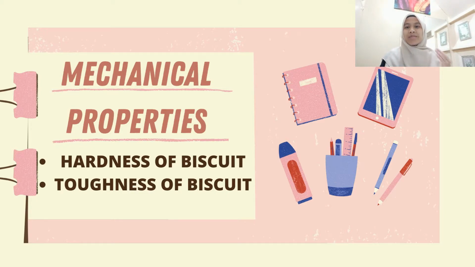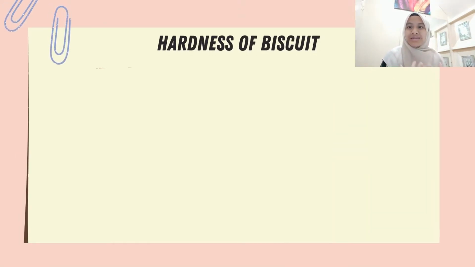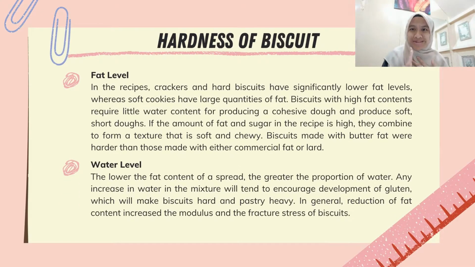I read them all and did some comparison between the content of the journals to help me understand these mechanical properties better. I found 2 points that caught my eye that I think are very important and will affect the hardness of biscuits, which are fat level and also water level.